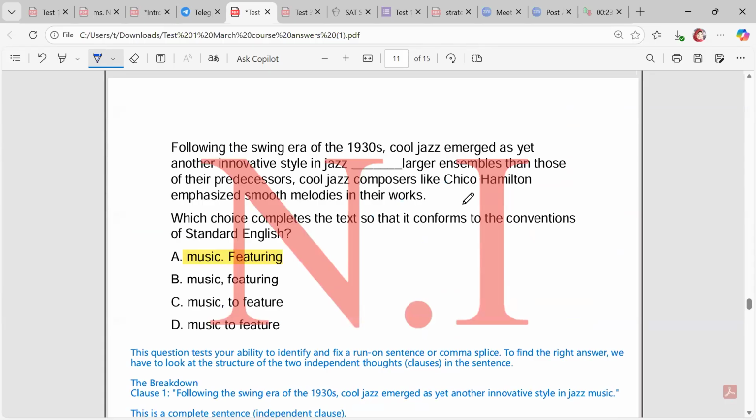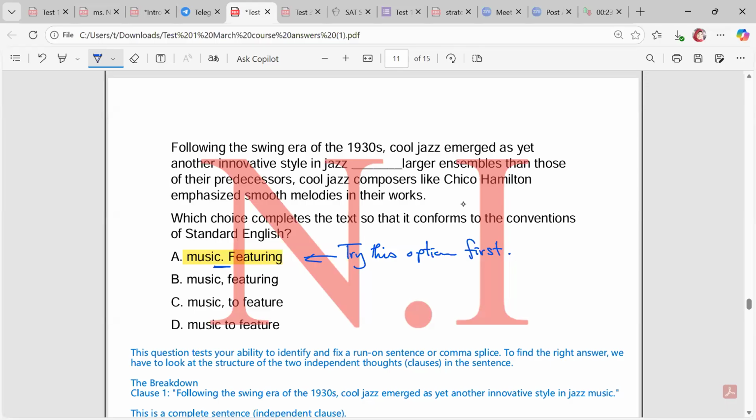Here, when I find a period among the choices, try this option first. Why? Because we noticed that the SAT likes the end marks so much: the period, the semicolon, and also comma plus one of the FANBOYS.